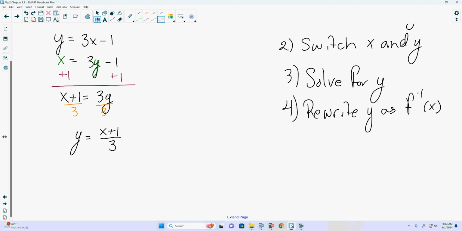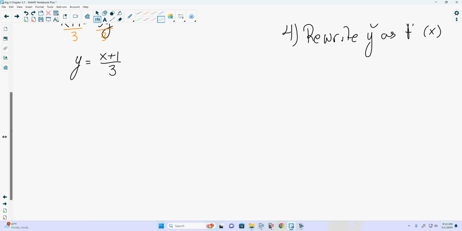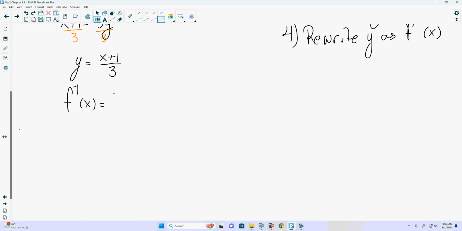And our last step is to rewrite y as f inverse of x. Now, it won't always be f inverse of x. The times that it will not be f inverse of x is if we didn't start with f of x.